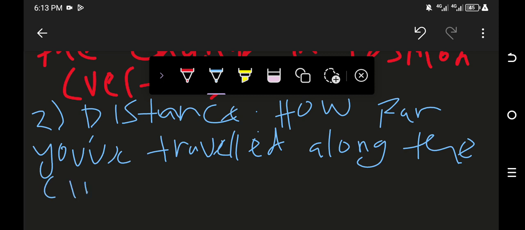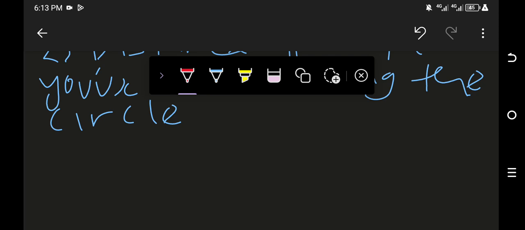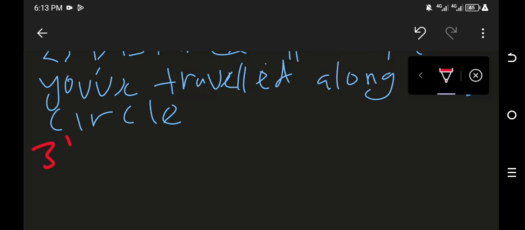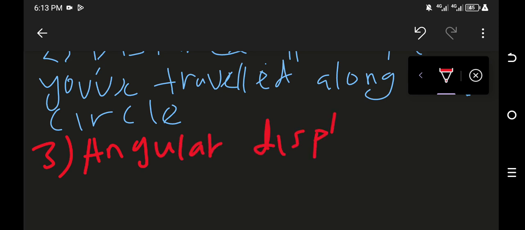The third one is angular displacement. Let me write angular displacement. It is represented by something like theta, but it's not theta.